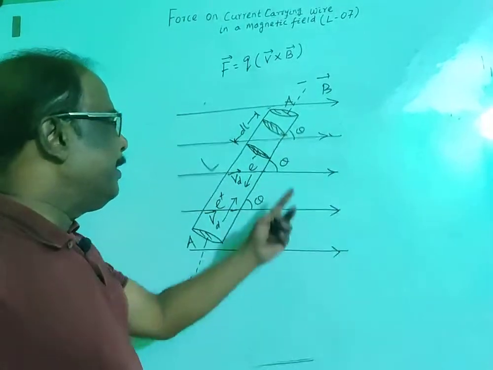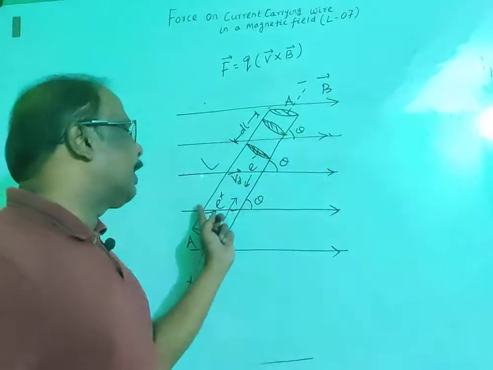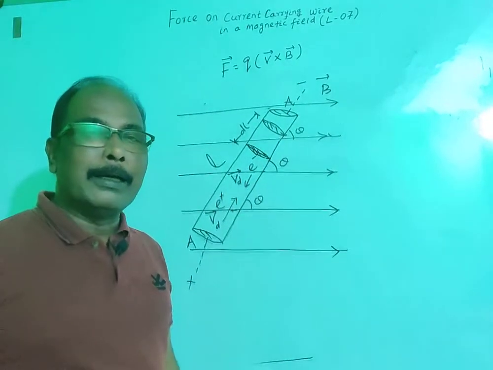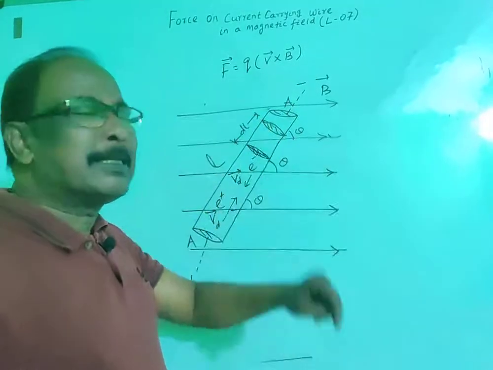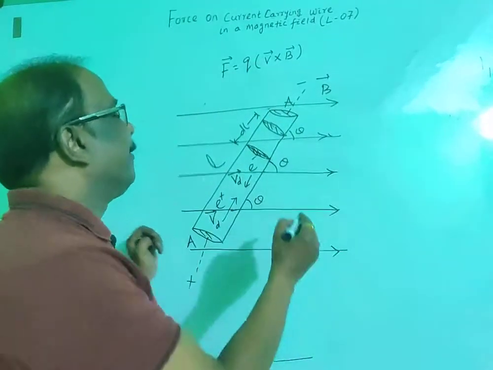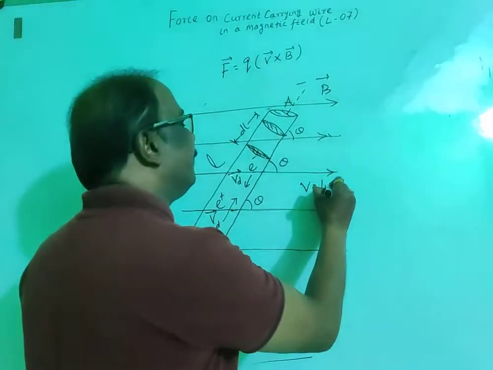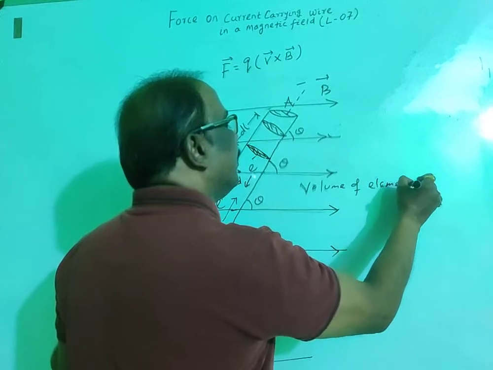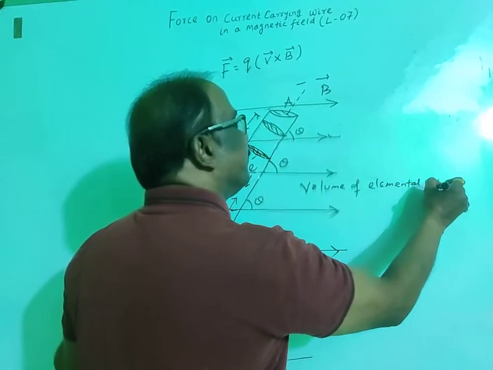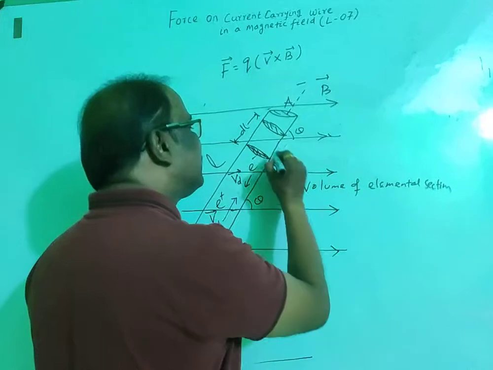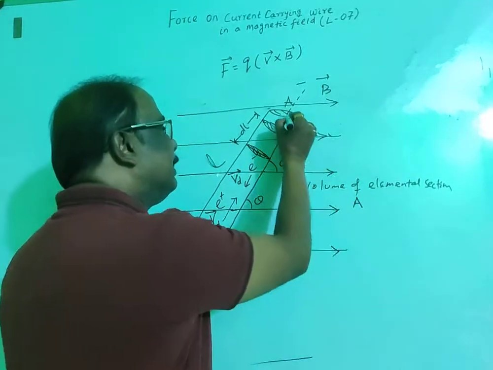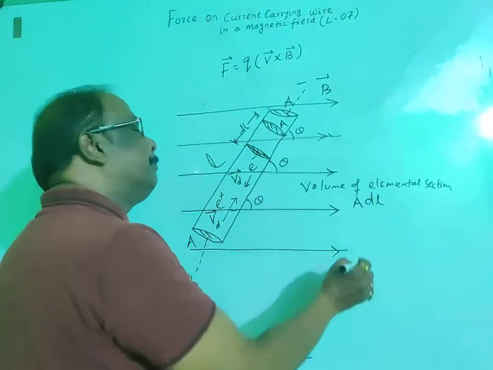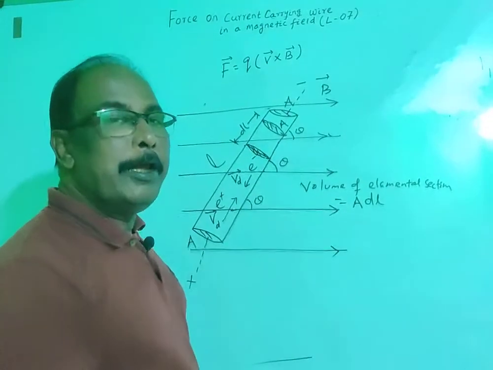Let's consider an elemental length of the conductor dl, but the total length of the conductor is l, and the area of cross section of the conductor is A. Then the volume of the elemental section is: area of cross section is A, this is also A, and length is dl. The volume of the elemental section is A into dl.